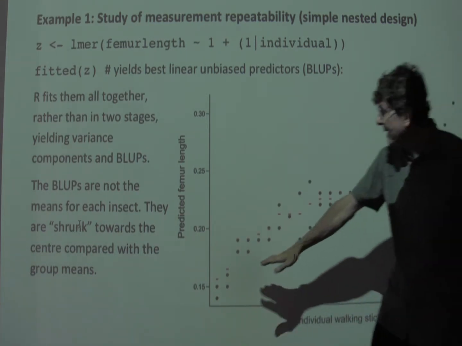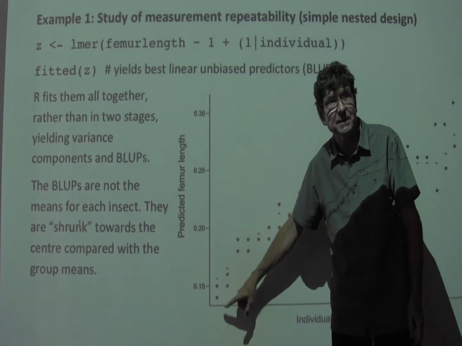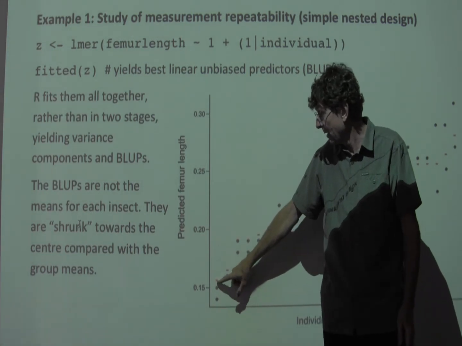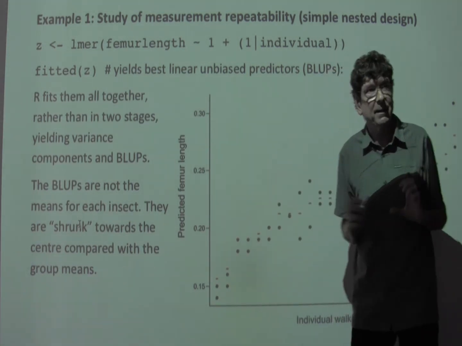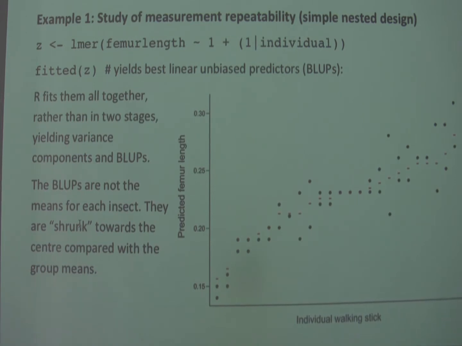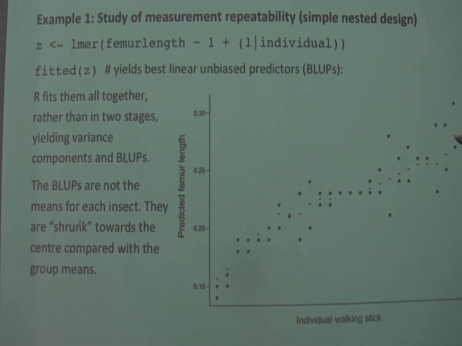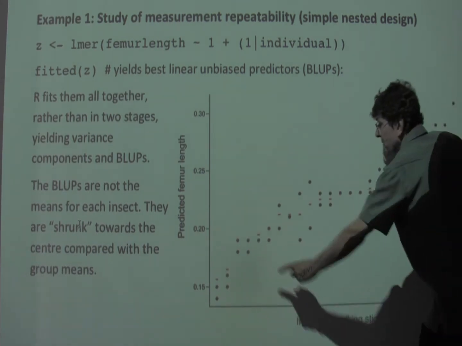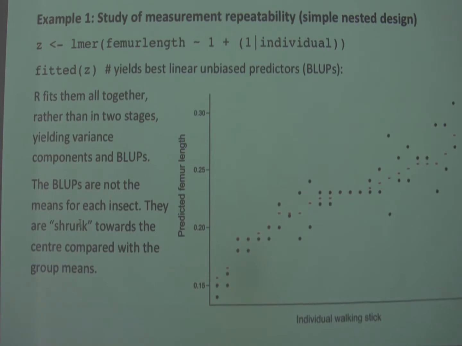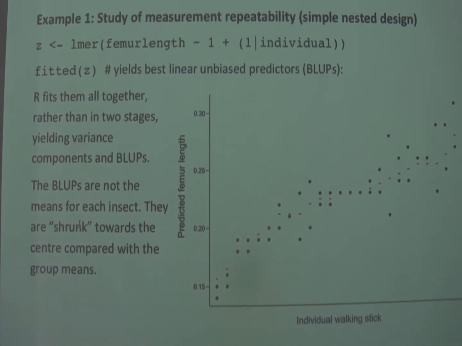Namely that it is likely that the most extreme measurements, even if there's two of them, will be overestimating the true value for that bug. So those that are extremely small and those that are extremely large will tend to be overestimated. And then if we were to measure them again, we would get closer to the true value the third time or the fourth time. So these fitted values are not just the averages within each bug.